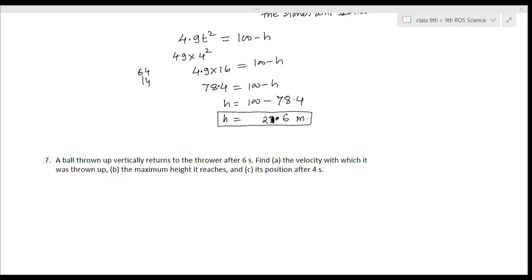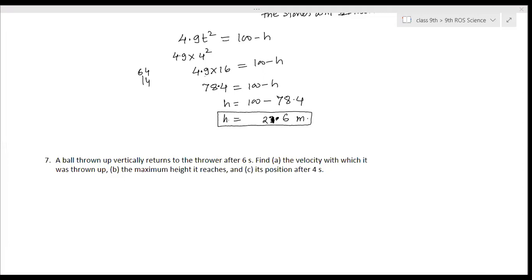Is the initial velocity 29.4 meter per second? 29.4. Yes, ma'am, I got the same answer. For the maximum height it reaches, you have to take time is equal to 6 seconds, right?